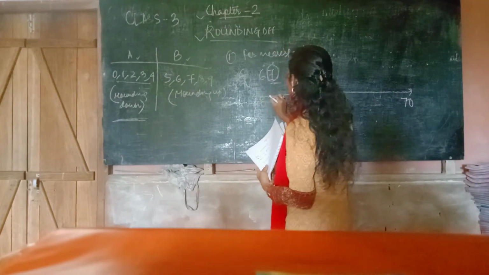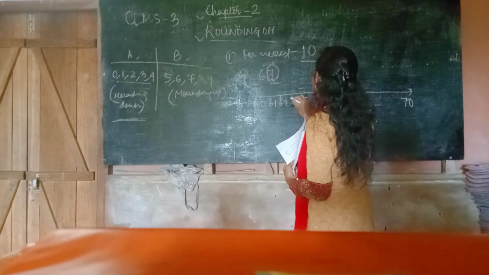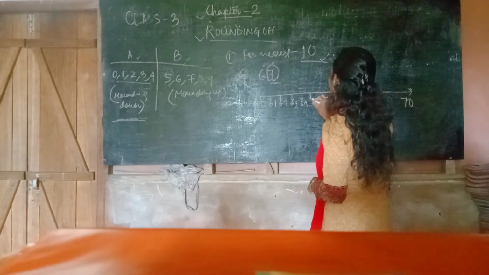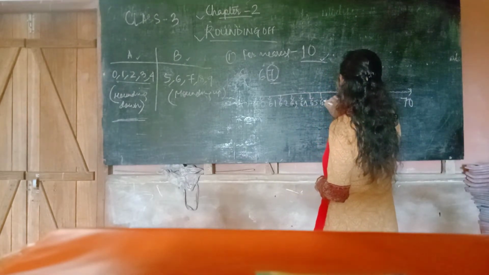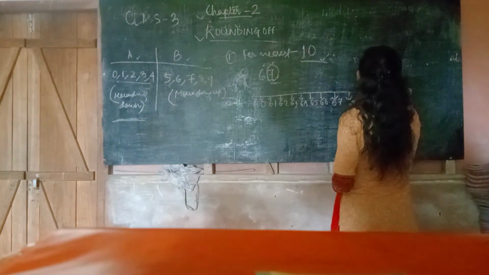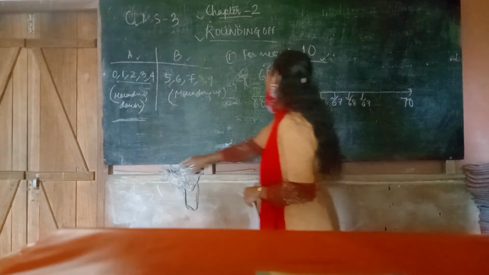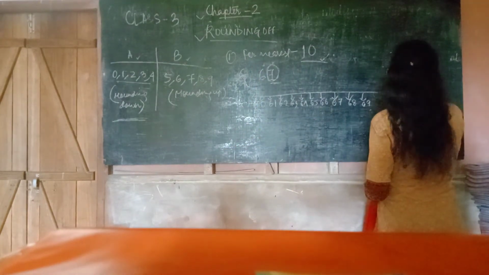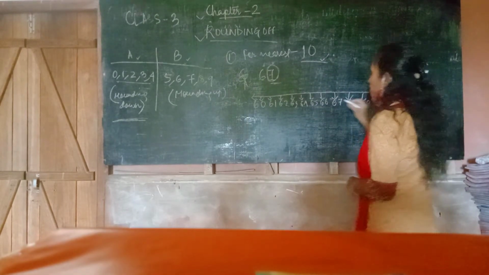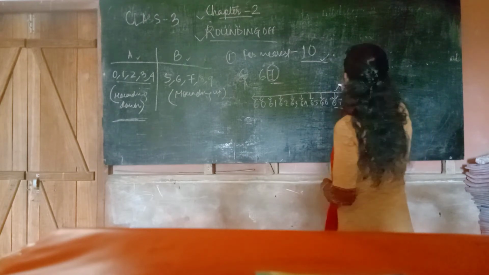How? 60, make a line, 60, 61, 62, 63, 64, 65, 66, 67, 68, 69 and 70. So 67 lies here. This is the 67.